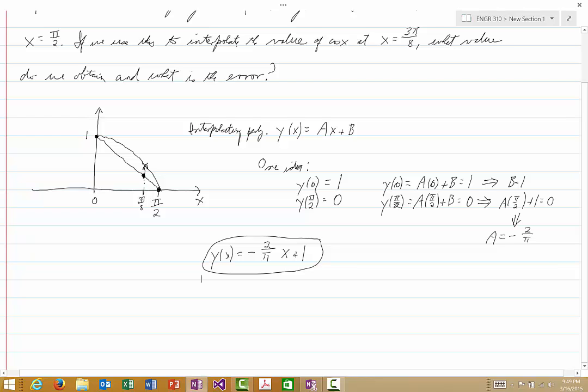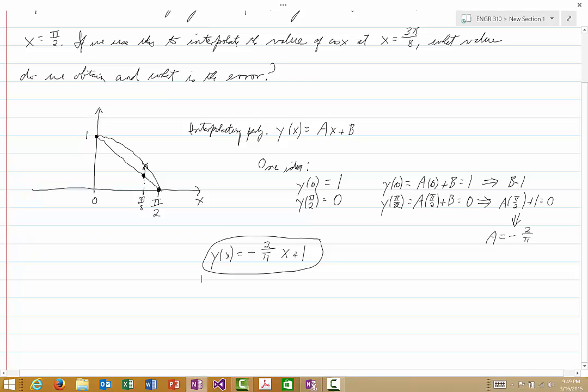Is it true that at x equals 0 we get 1? Well, yes, because if we stick in x equals 0, this first term will drop out. And so we're left with just y of 0 is equal to 1, so that checks. And is it true that y of pi over 2 equals 0? Well, if we stick in pi over 2 for x, then we get minus 2 over pi times pi over 2, and that's minus 1 plus 1, so we do indeed get 0.